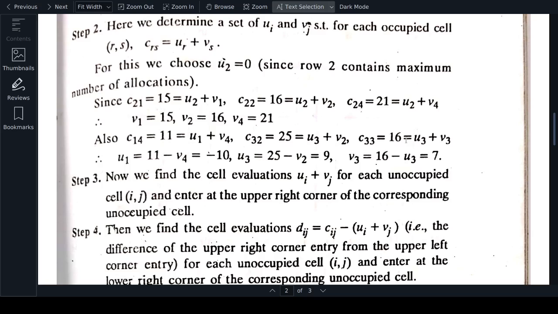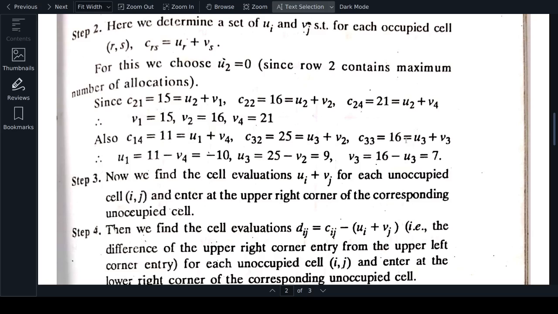Acha, what is C here? What is the meaning of C here? Cell number means cost.